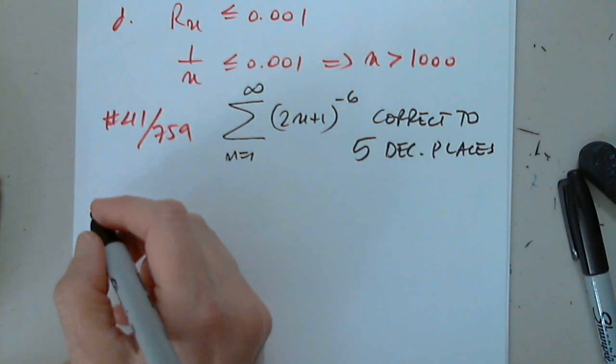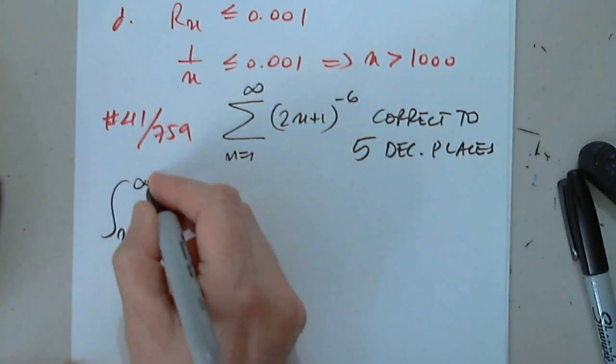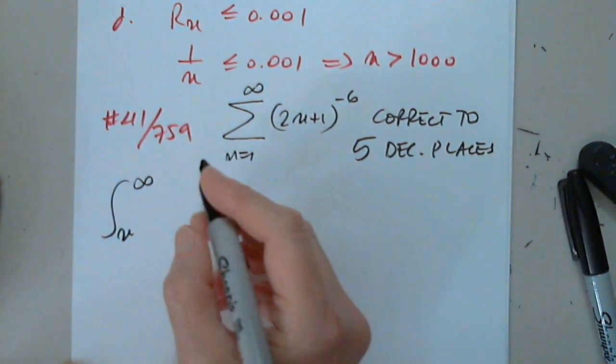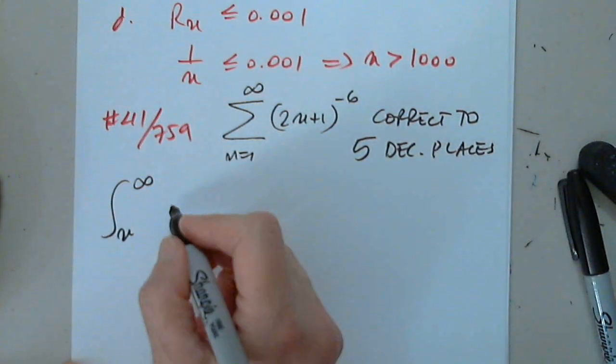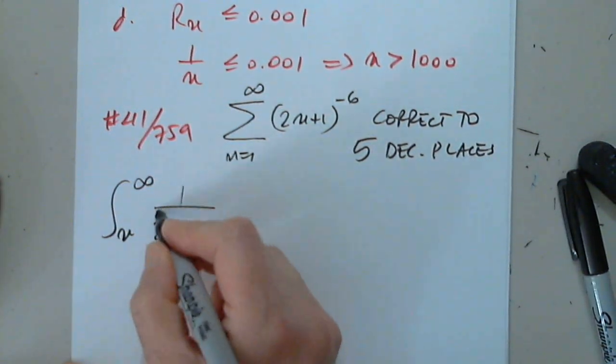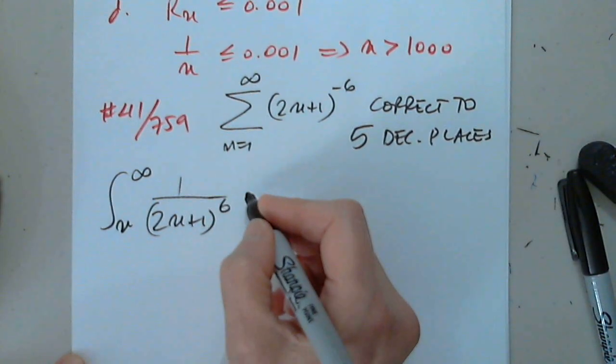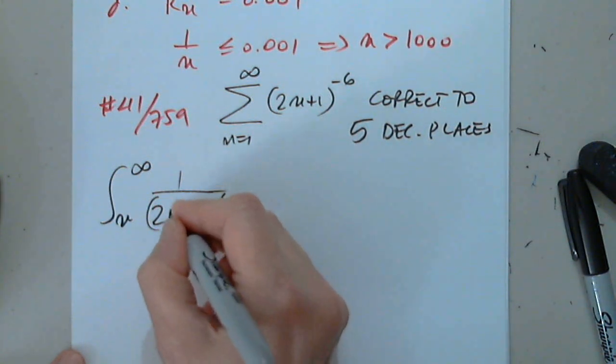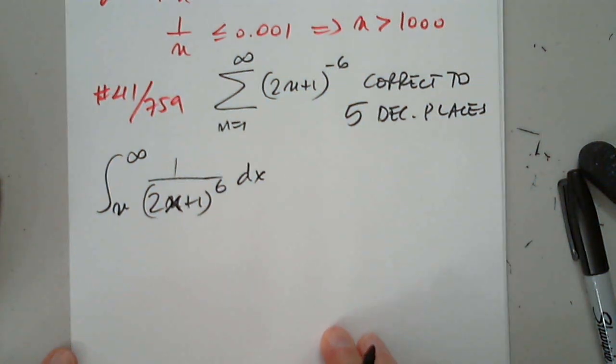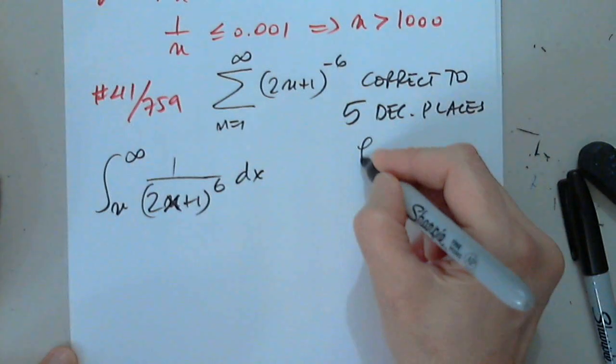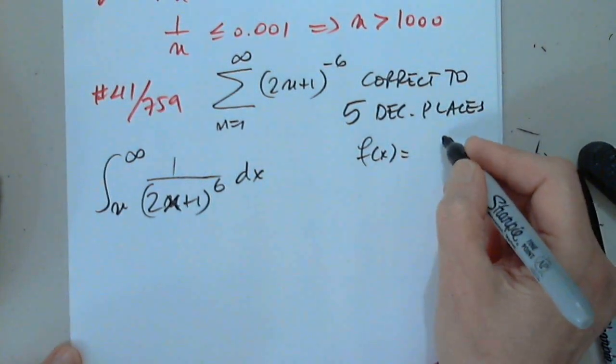So let's take a look at the integral from n to infinity of 1 over (2x plus 1) to the 6th, dx. I should have written the function so you know where this is coming from.